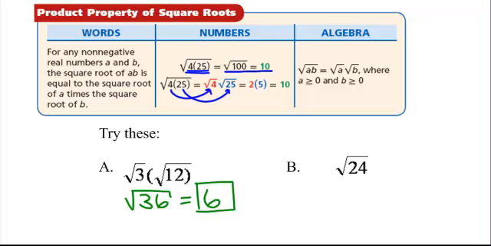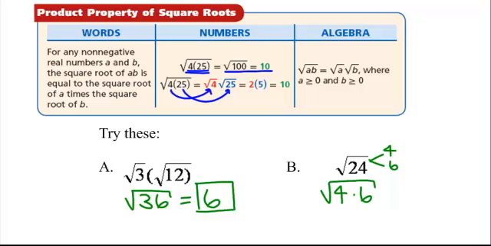Now 24 is a little strange, because 24 is not something I know the square root of, and it's not something that can be broken up into two perfect squares. So let's think of at least one perfect square that it could be broken up into. 24 has a perfect square of 4 in it, and then a 6. So we could write this as the square root of 4 times 6, all underneath the radical.